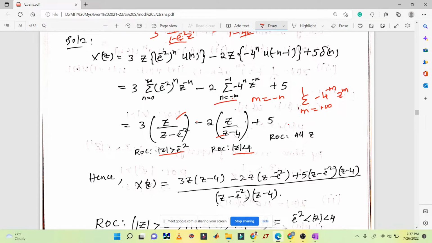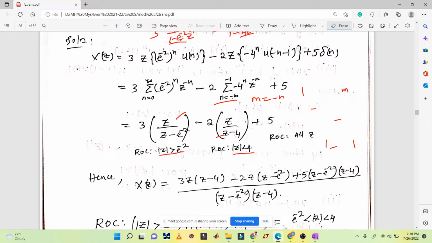So what we are going to observe is 1 divided by 4 z to the power m. So 1 by 4 z is less than 1. That means z is less than 4. So from this we will get the answer as z less than 4.